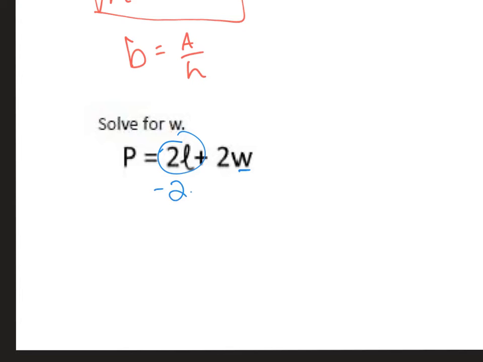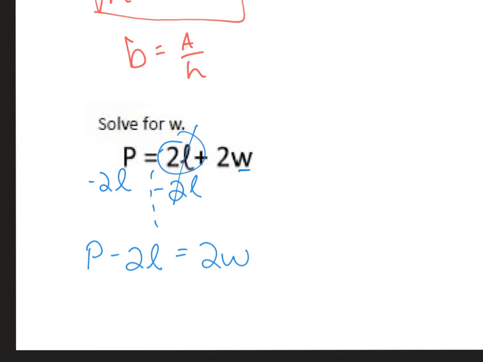We're going to subtract 2L from both sides of the equation. So we end up with P minus 2L on this side equals 2W. Do you see how I moved that? I just undid it. I kept it all together. I'm not worried about solving it. I just need to get it out of my way, right?